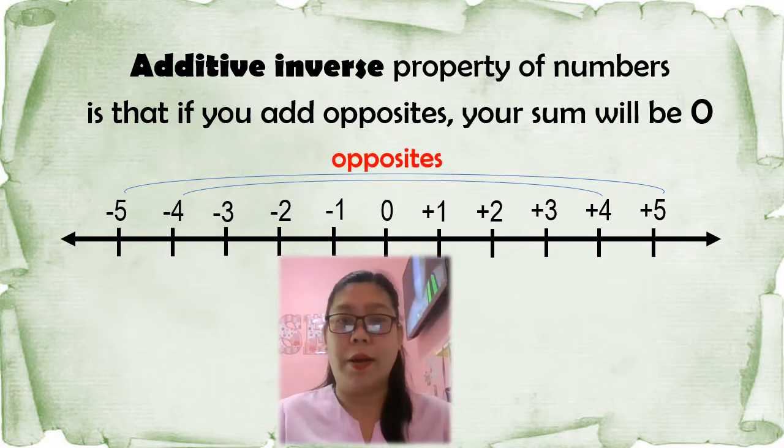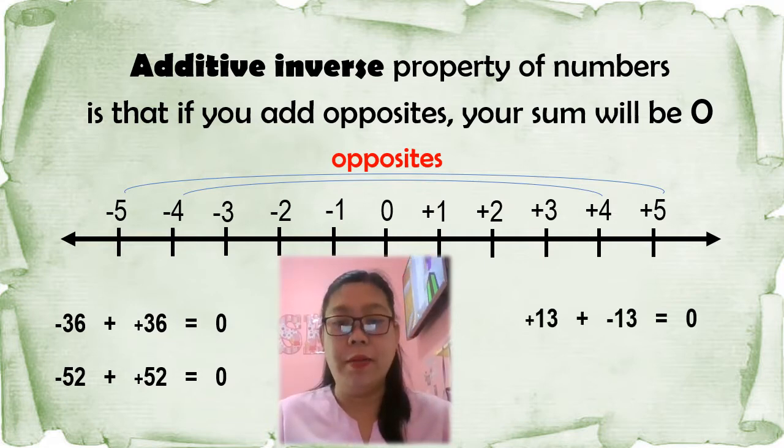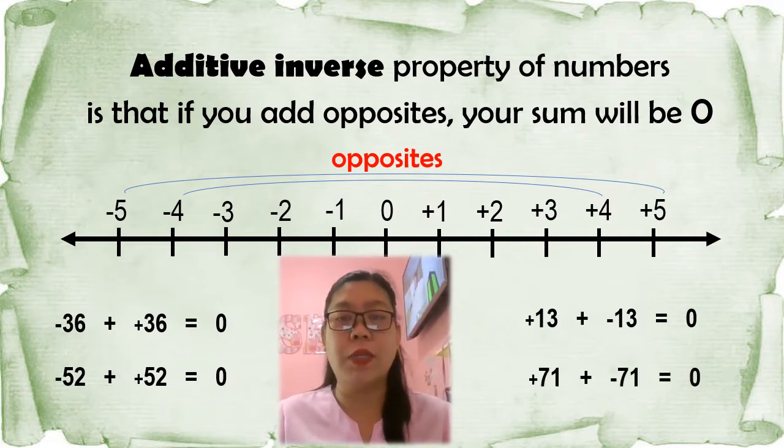Other examples are negative 36 plus positive 36 is equal to 0. Negative 52 plus positive 52 is equal to 0. Positive 13 plus negative 13 is equal to 0. And positive 71 plus negative 71 is equal to 0. Again, when you add opposites, your sum will be 0. And that is what we call the additive inverse.